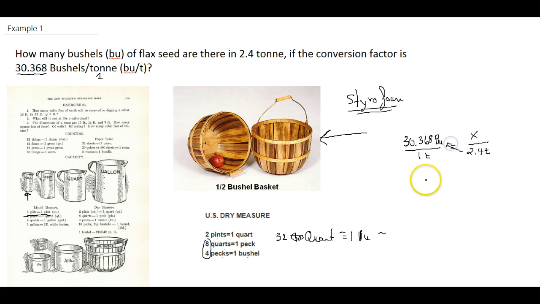Well, I simply multiply those two together, and I get x equals 94.5 bushels of flaxseed. Okay, so that's the kind of comparison we're looking at, volume to mass.